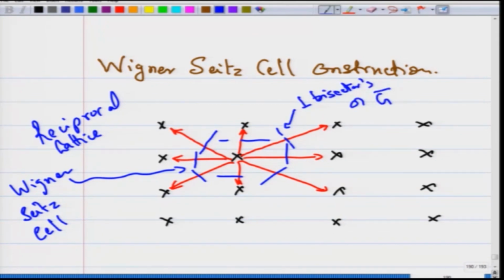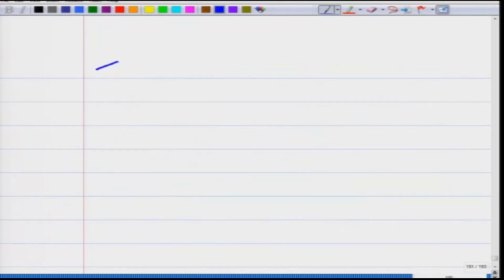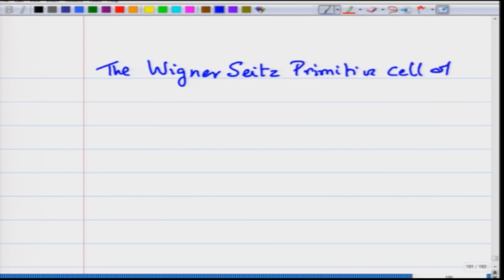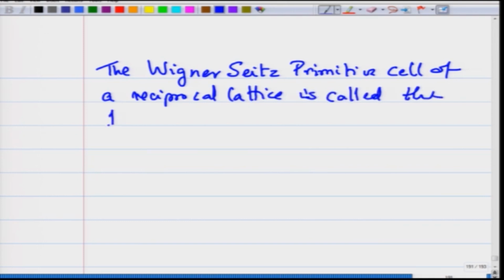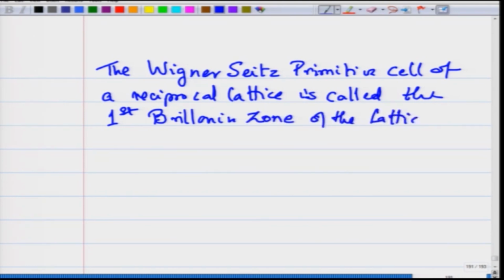This zone that we define, the Wigner-Seitz primitive cell of a reciprocal lattice, is called the first Brillouin zone of the lattice.